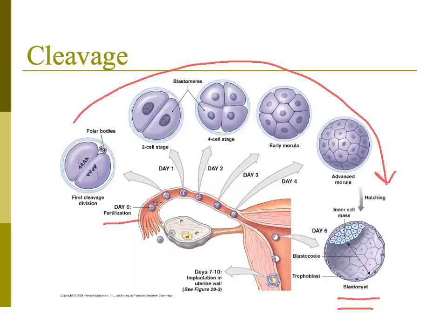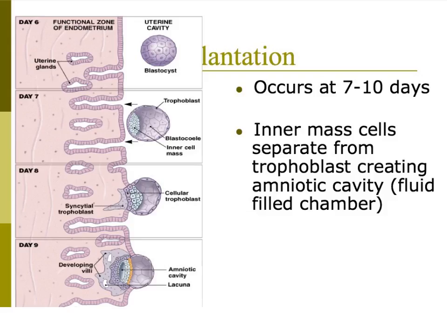Implantation is exactly what it says. It is implanting that blastocyst into the uterine wall. It's small enough still that the whole thing kind of sits in the uterine wall. Let's see if we have another, there we go, we have another picture of that actually happening. So we actually have that sitting in that wall for you.